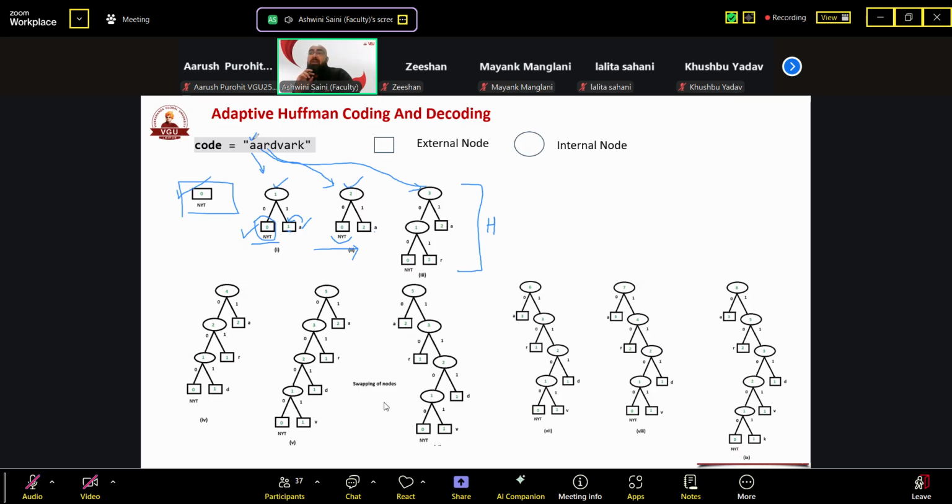Yes. Why? Because we have another character that was also A. Initially A has weight 1. Now A's weight has increased because we want to use another A. If we have another A, we add this A to the same place where A was added. At the end, I will show you. So now tell me, is this particular tree satisfying the Huffman tree?